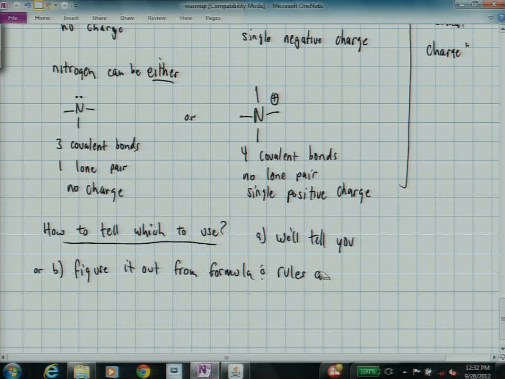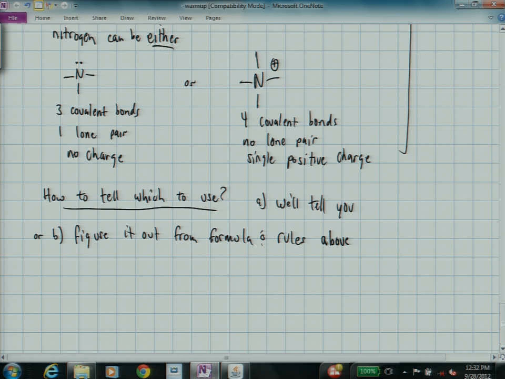So what I'd like you to do is take a second and talk to your neighbor. I'm going to give a couple of molecules, and they might be charged. The thing is, if you follow the rules, if you take a nitrogen and you put 4 hydrogens around it, which kind of nitrogen is it?